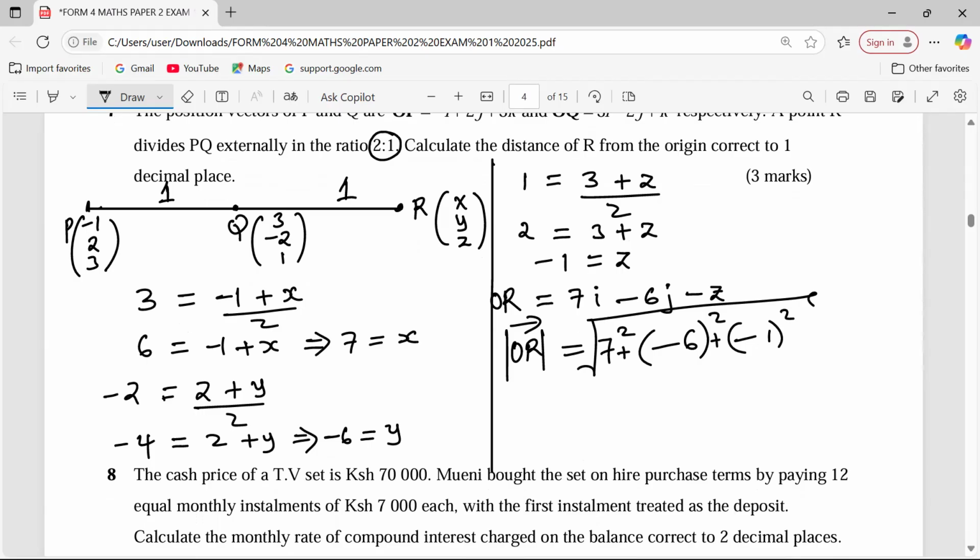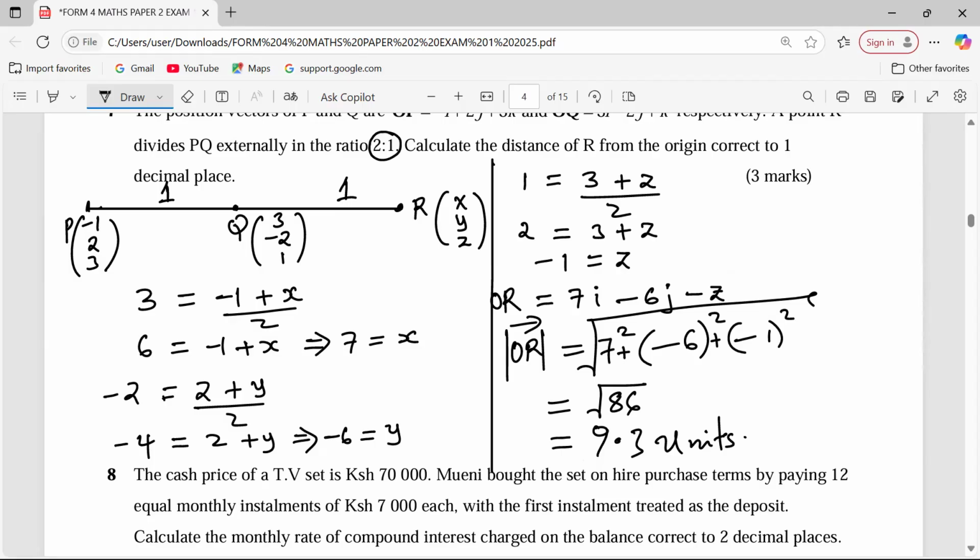So 7 squared plus 6 squared plus 1 squared, which is just 1. So the magnitude is the root of 86. So the root of 86 now, we've been told to one decimal place. So it shall be 9.3. 9.3 units.